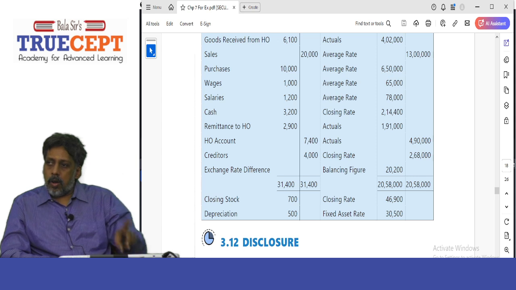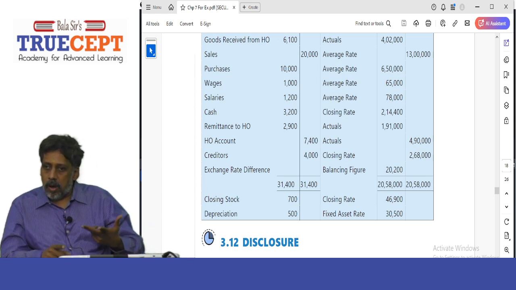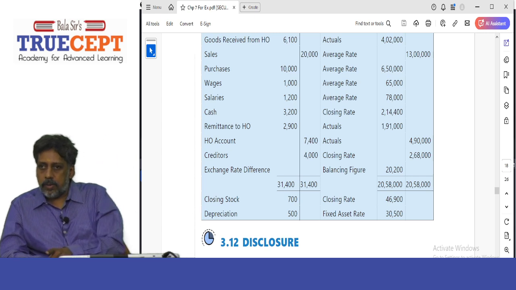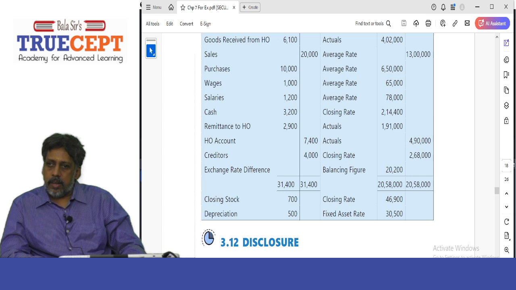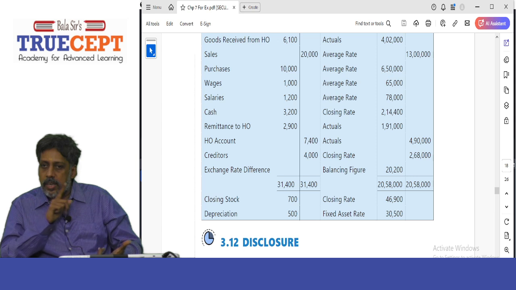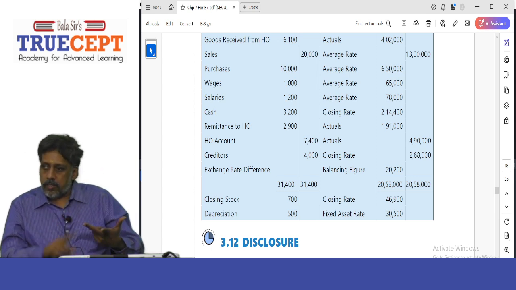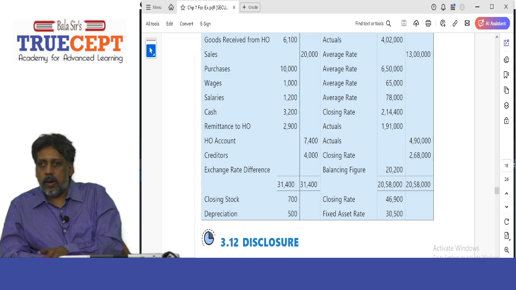This 20,200 rupees will be recognized in the profit and loss account. When I prepare the branch trading and P&L to ascertain your financial performance, I recognize this exchange difference. It's a debit balance, so it's a loss. An exchange loss, being a debit balance in this case, will be recognized in the branch profit and loss account. Please remember that.